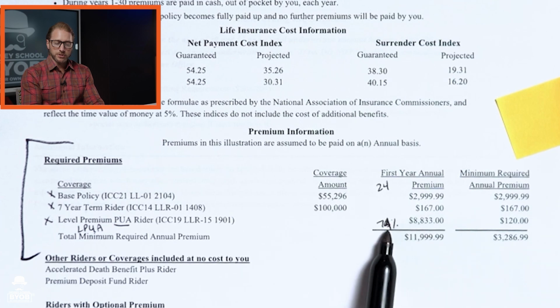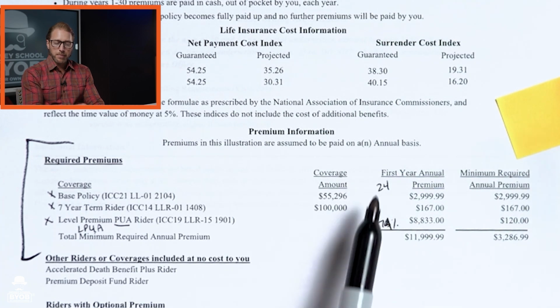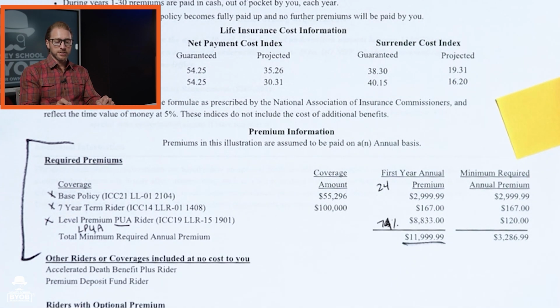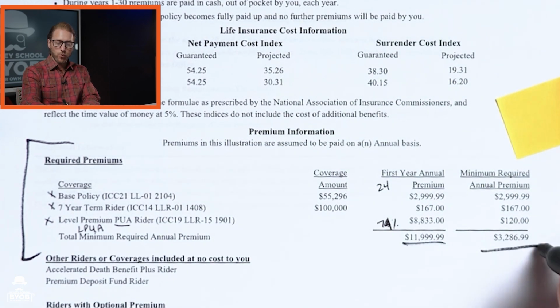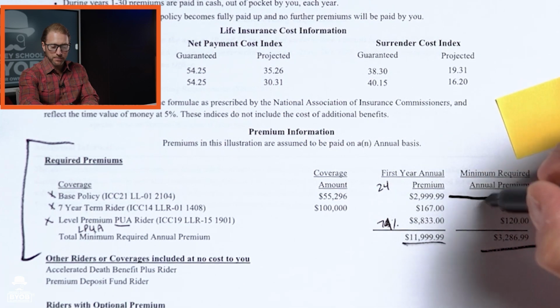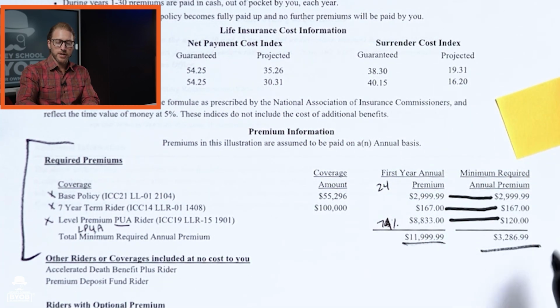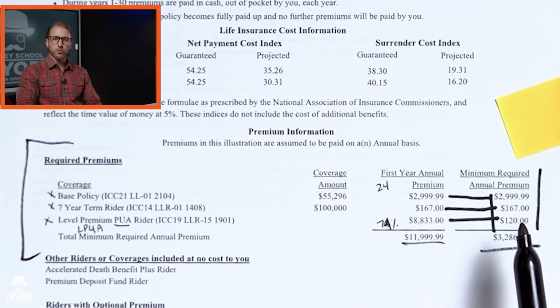So the paid up additions are 74, the premium base is 24%, and then the term rider makes up the difference to 100. So now you're at $11,999.99. The minimum required, as you can see over here, is the base plus the term plus that $10 or $120. This is your absolute minimum that is required to run this plan.